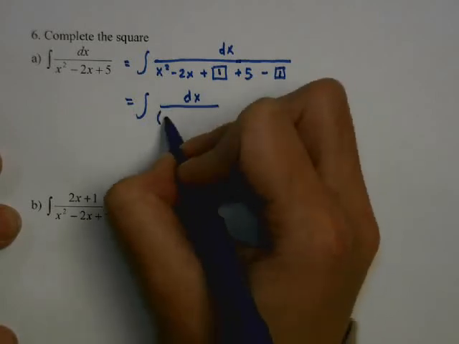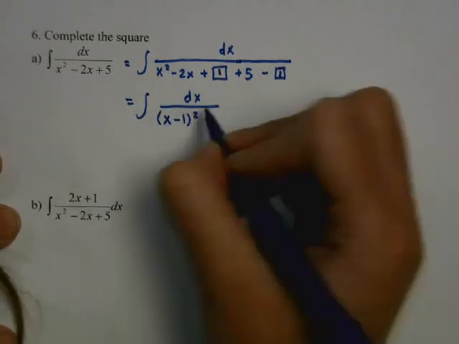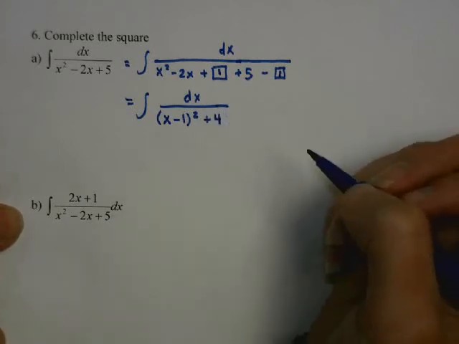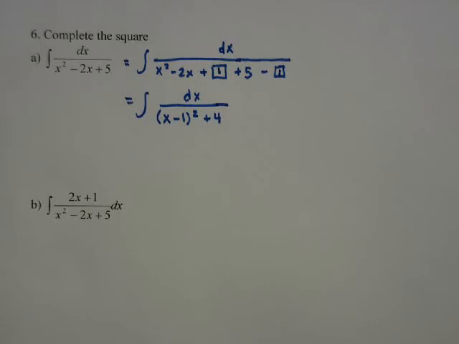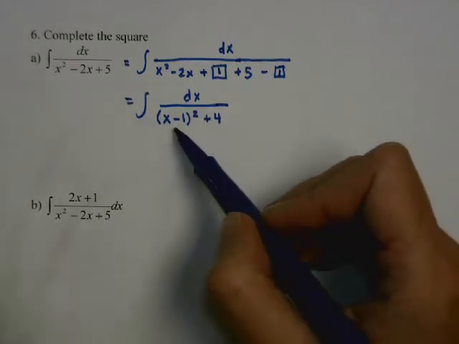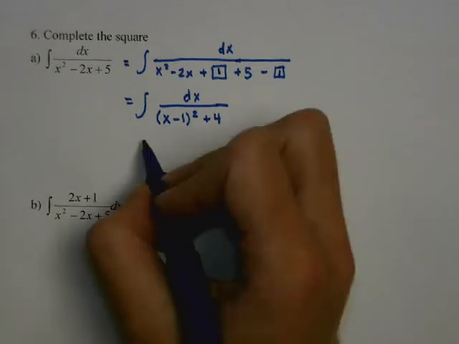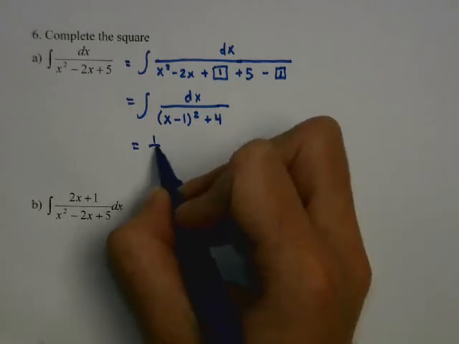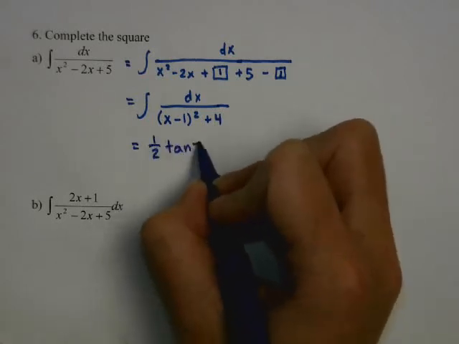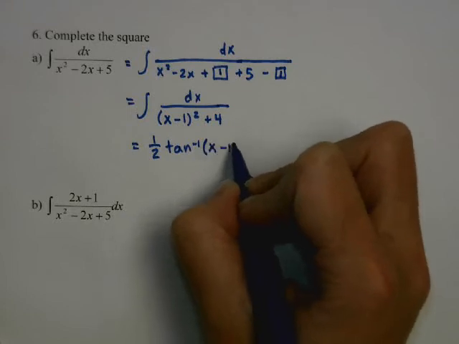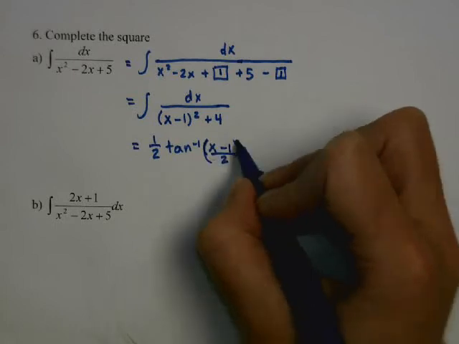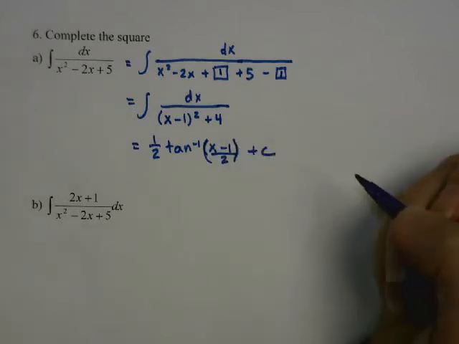This is going to be x minus 1 squared plus 4. So this is tangent inverse. It's just instead of x squared, we have x minus 1, but that's okay. And if you want to do u substitution, you can. But since this is 4, we're going to have 1/2 tangent inverse x minus 1 over 2 plus c.